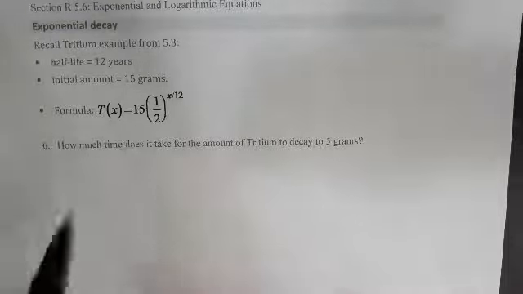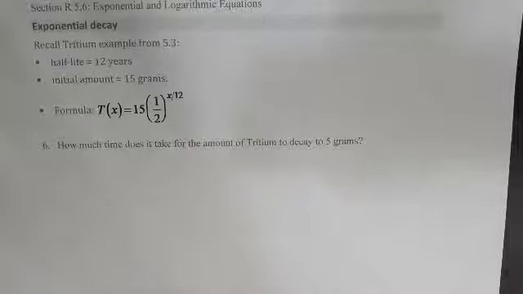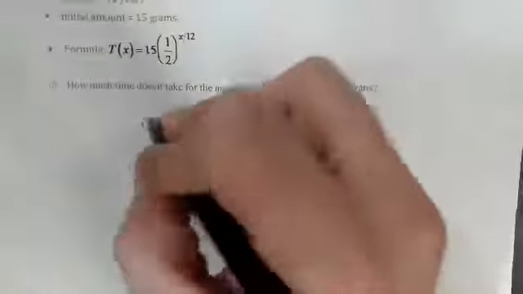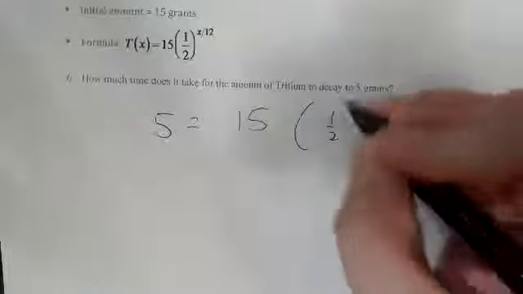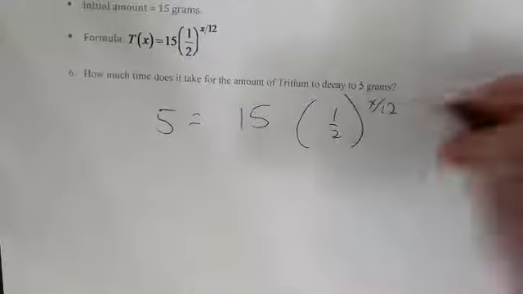All right, so what are they giving us? What's variable? So x is the number of years. T of x would be the amount of tritium. So what they're doing is they're setting this up so that T of x should be 5, equal to 15 times a half to the x over 12.